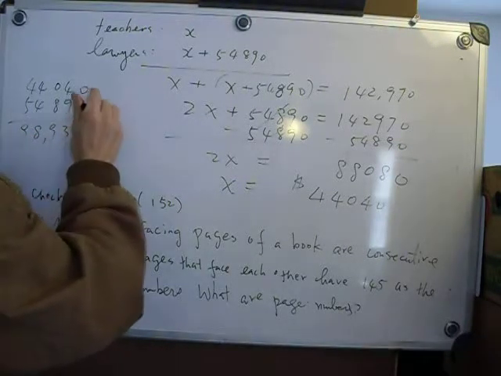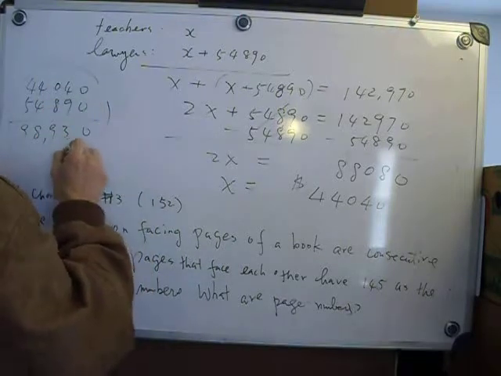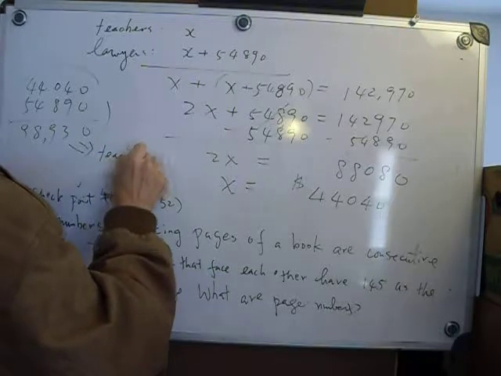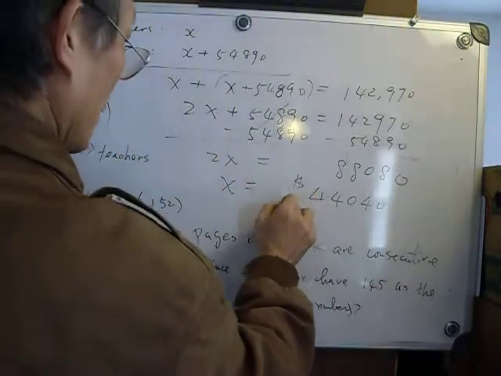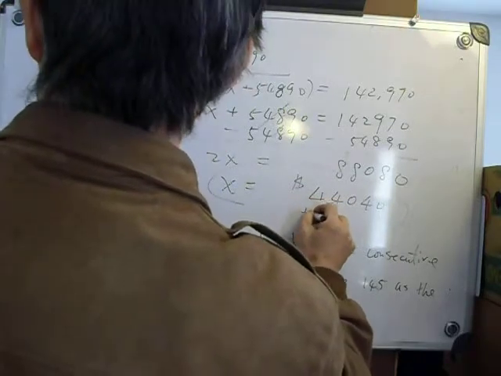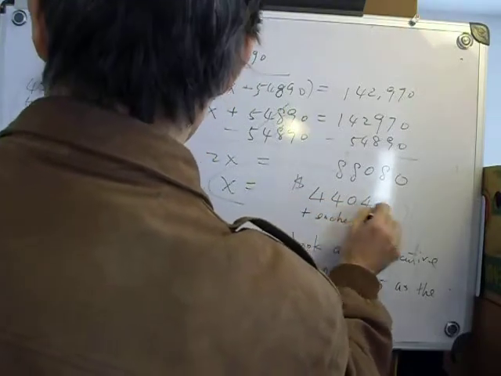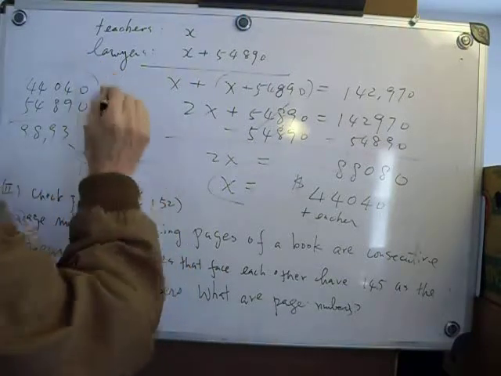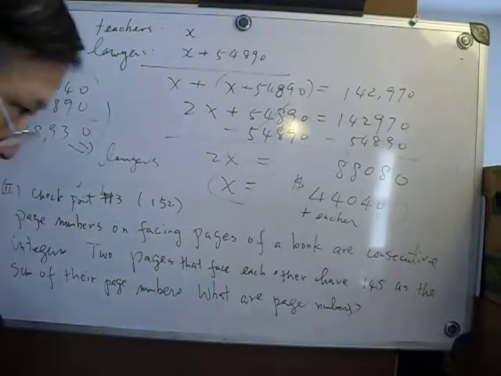This one is the teacher's salary. So you need to label that to show your understanding to your grader. This is teacher. This is lawyer. Okay? That's problem number 1.